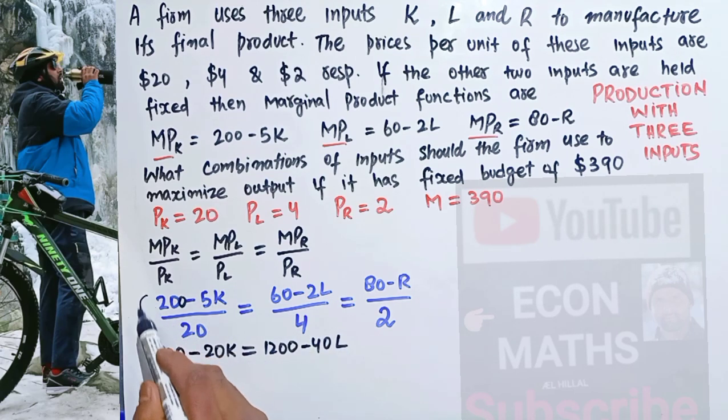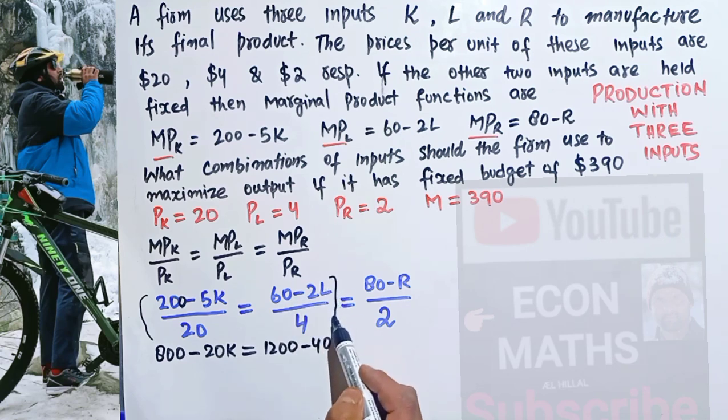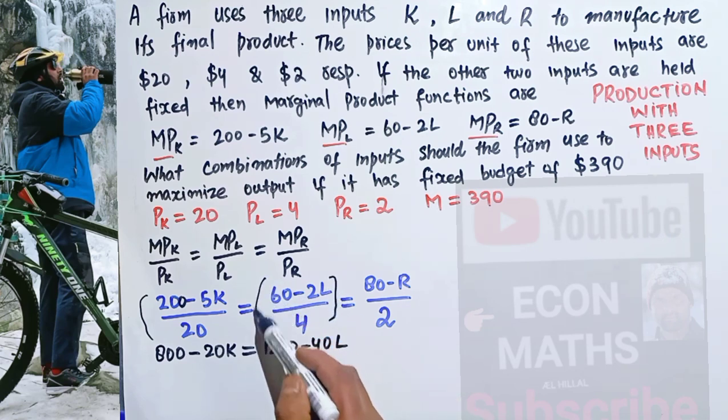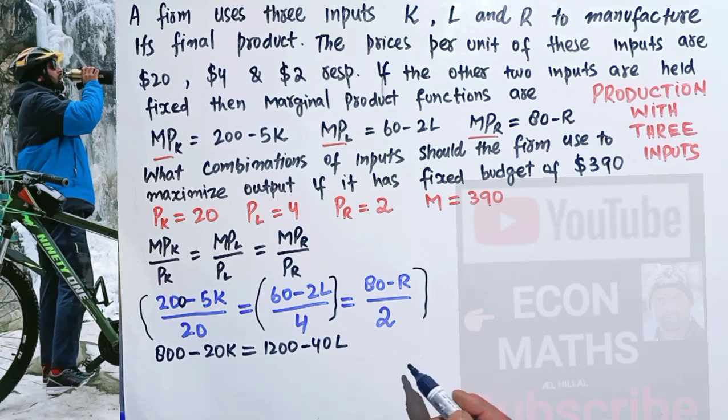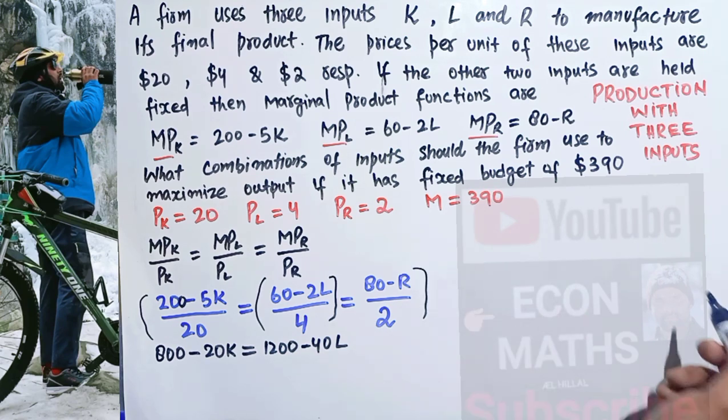First we equate these two relations, then we equate the other two relations. So this is one equation.